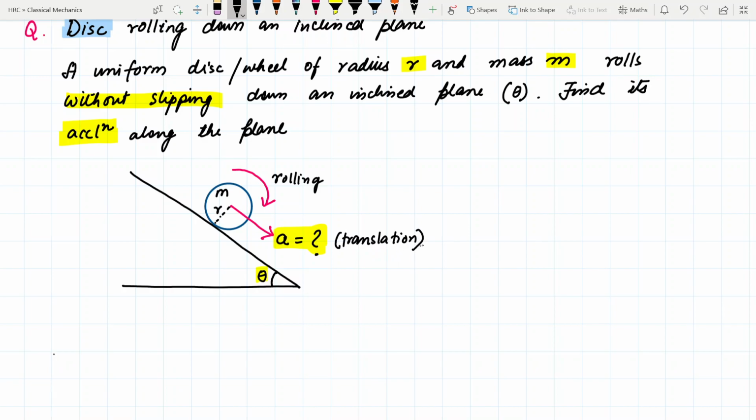So to do this, again in the Newtonian approach, what do we do? We take a look at the forces that are involved, and we apply Newton's second law, and if there is rotation, we use the relationships associated with rotation to come up with the answer. So the first question is, what are the forces that are involved in this problem?